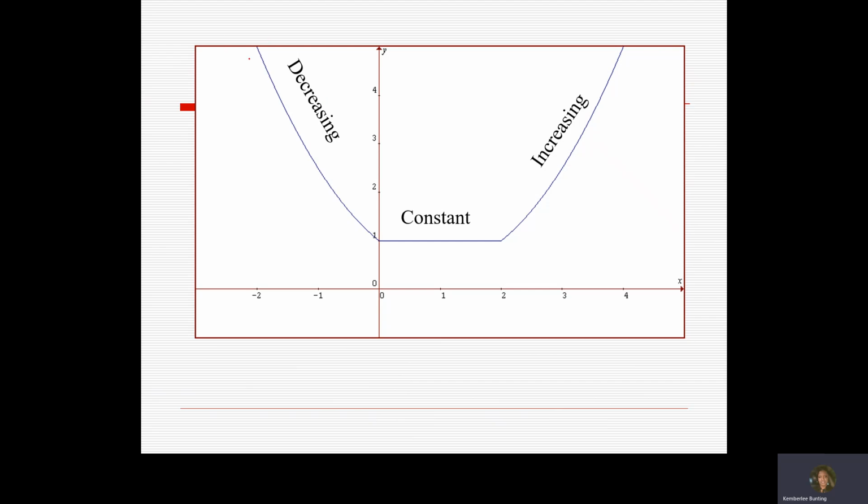Reading from left to right, this slope is pointed downward. This one is staying flat. This side is going up. Thus decreasing, increasing, and constant. Now, when you are naming the interval of increase, decrease, and constancy, you must look to the x-axis, not the y-axis. Let me show you what I mean.